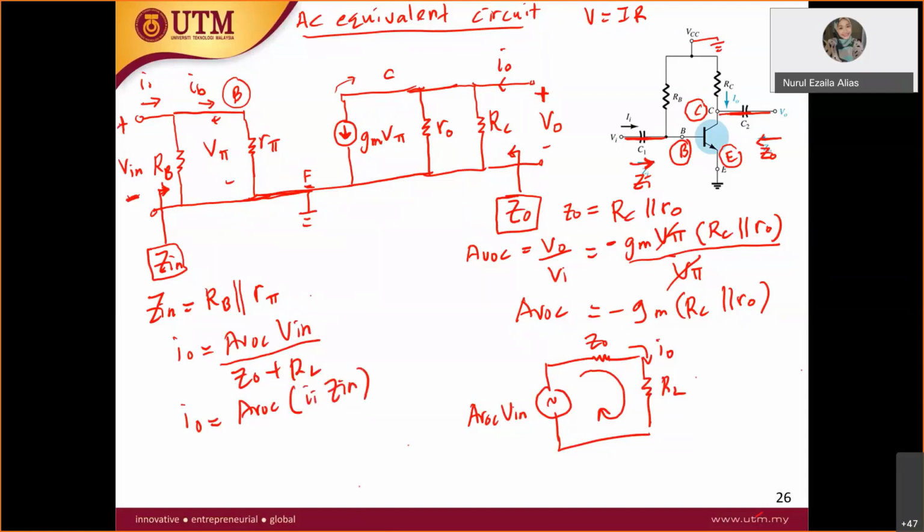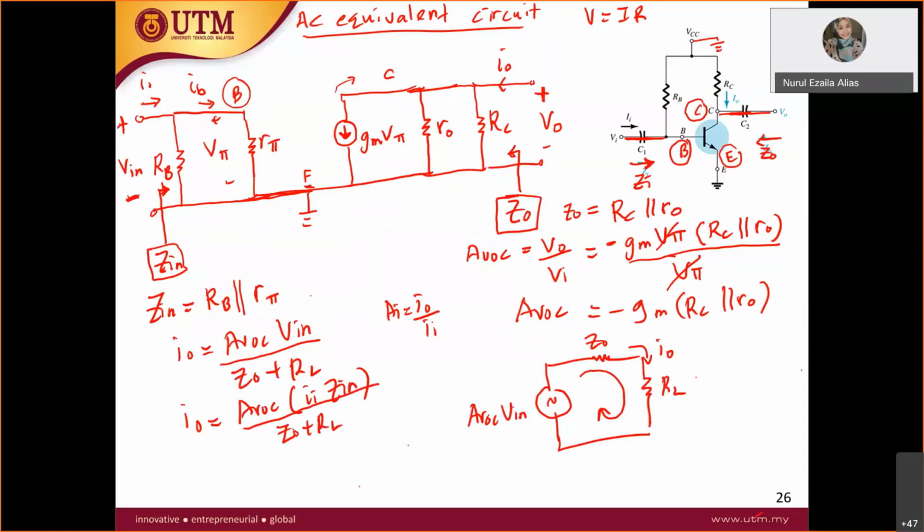V in is equal to the IR, so it is equal to I in Z in. Why do I do that? Because I want to get I out over I in. I have to make these two visible in order for me to get the formula. Finally, over Z out plus RL.